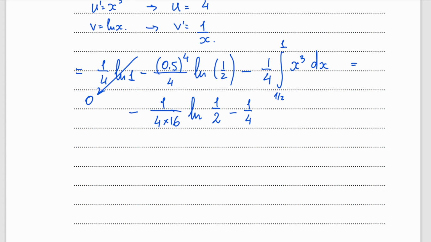And integrate x cubed, which is x to the power 4 over 4. Now we got minus 1 over 64 natural log half, minus 1 over 16 again, x to the power 4 from 1 over 2 to 1.